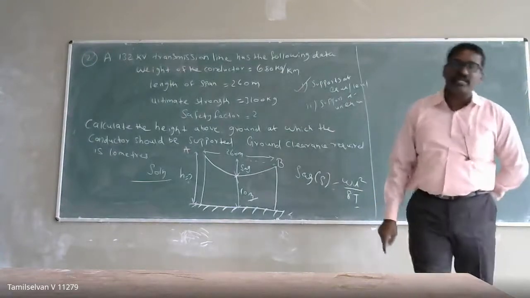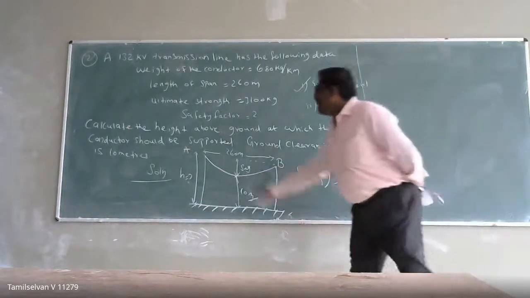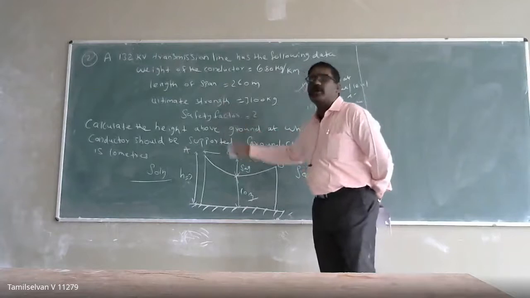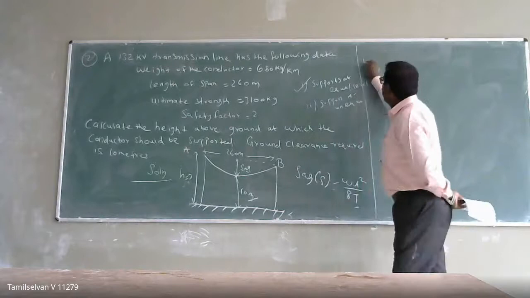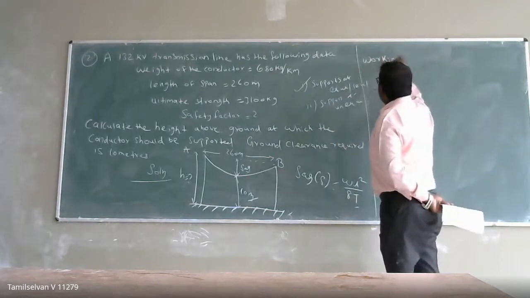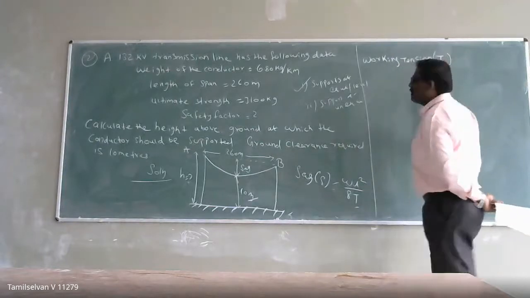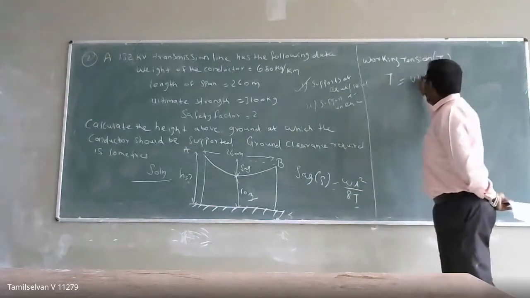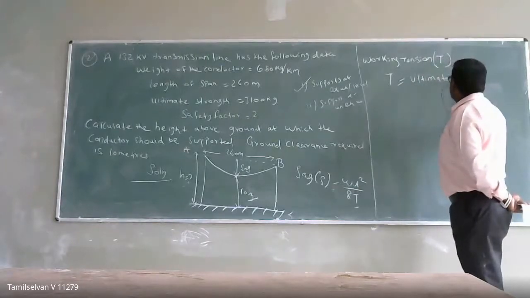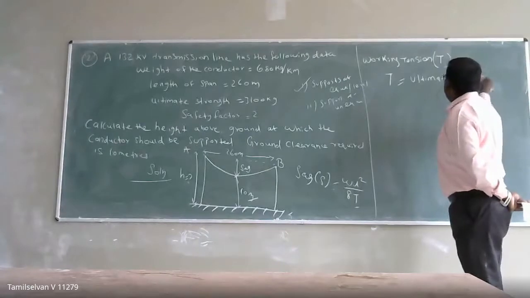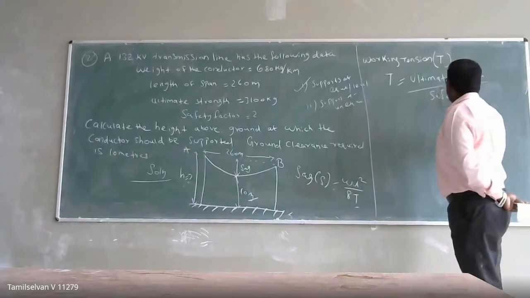In your high school physics, you study what the working tension is. Working tension is the ultimate strength divided by the safety factor. So my working tension T is equal to the ultimate strength divided by the safety factor.